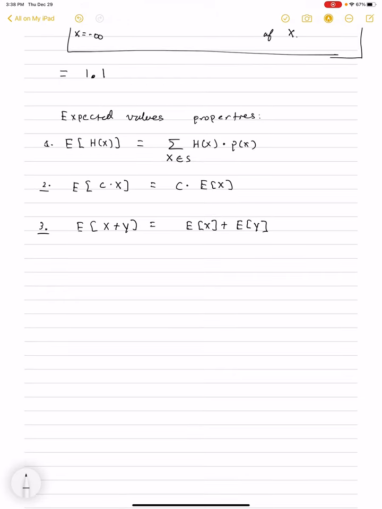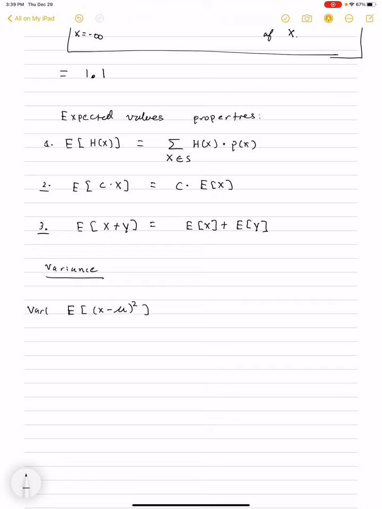Now, there's one more example that I want to go over, which is variance. Variance is an expected value, and it's the expected value of x minus the mean squared.